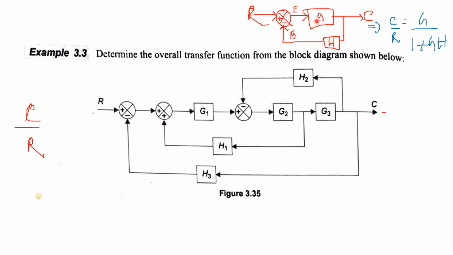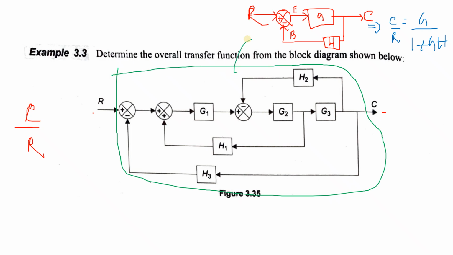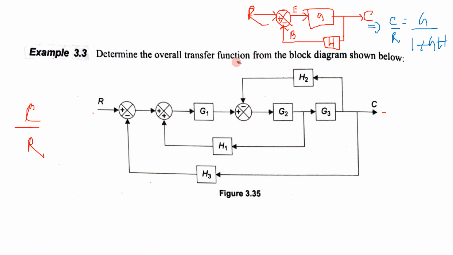That is, there should be a single transfer function in the forward path and one transfer function in the feedback path, and one summation point with R and C as it is. This entire thing in between has to be reduced to this particular closed loop system. So how to do that?